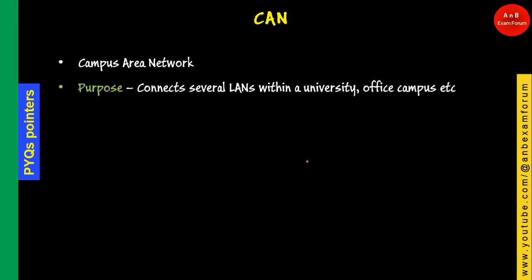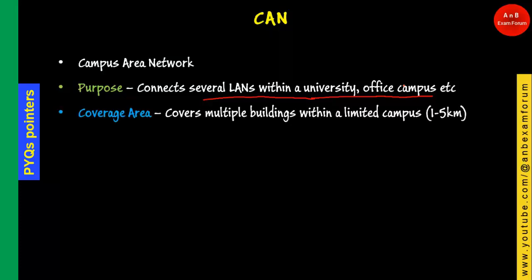let's see the next one. It is CAN, that is campus area network. It is more than one building or room, so it is going to connect several LANs across a university or office campus. The name itself suggests that it is going to cover a lot of area having a campus. Okay, it is not going to cover a single room, it is going to cover multiple buildings within a limited area, say 1 to 5 kilometers.